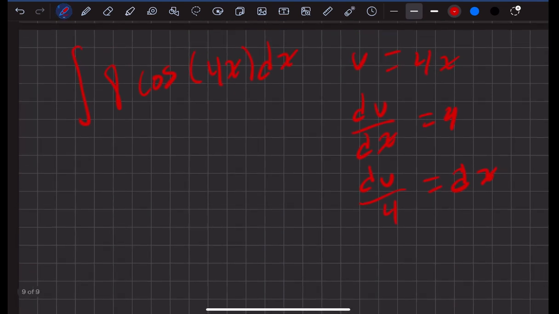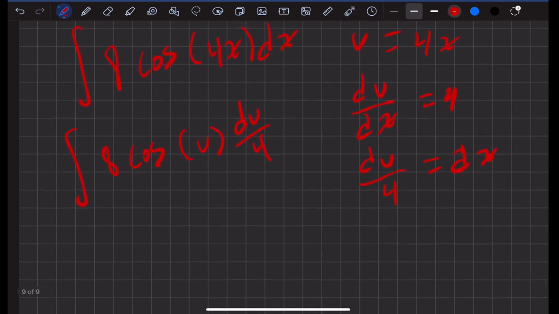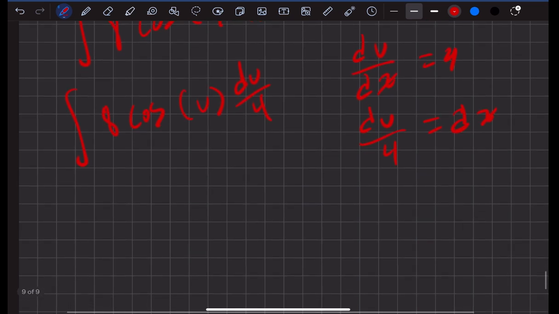So now that we have our du, we'll take the equation and input u and du into the equation. So cosine u du over 4. And we can simplify, so get rid of the 4 under du by dividing it with 8, so that'll equal 2. And since it's a constant, we'll put it on the outside of the equation. Then we have cosine u du.